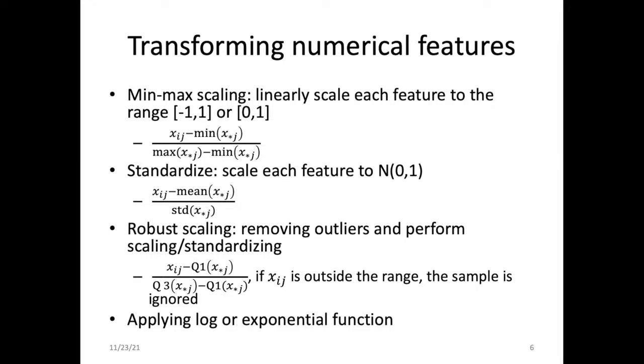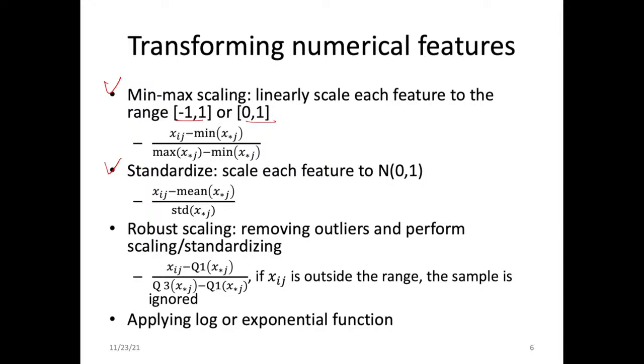Transformation of the numerical features. So the first two are very popular ways to scale the features. The first one is to linearly scale the features into a fixed range, for example, -1 and +1, or 0 and 1.